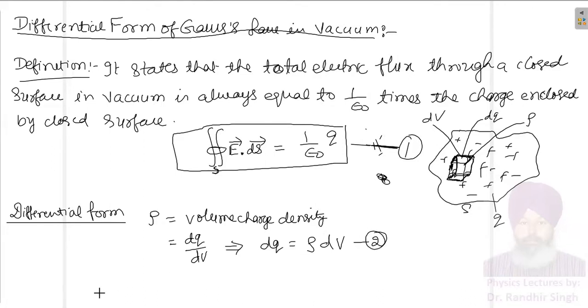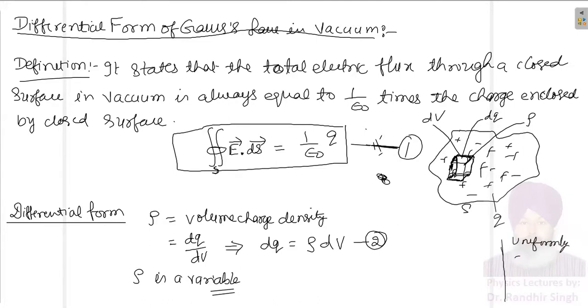But mind it please that rho is a variable. Please remember that rho is a variable, because in your school physics you studied applications of Gauss law, and all these applications were for uniformly distributed charge.